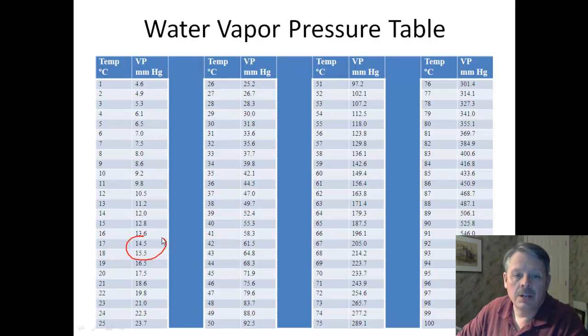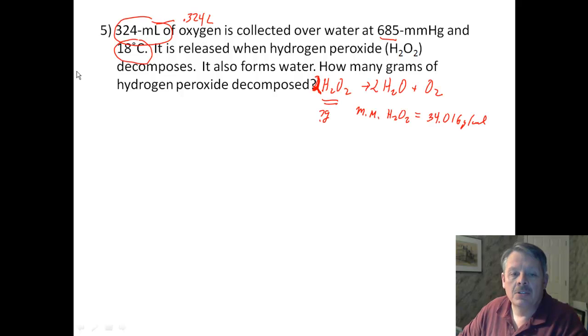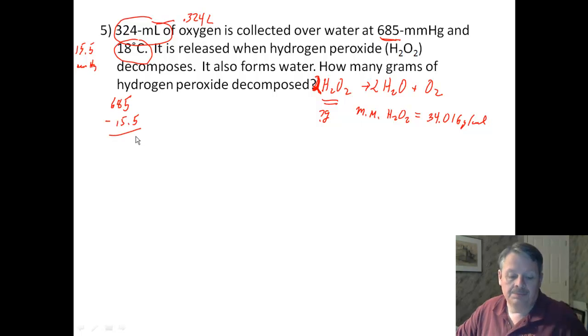If we look at 18 degrees Celsius, that's a pressure of 15.5 millimeters of mercury. And we notice that we're starting with 685 millimeters of mercury. So let's take 685 millimeters of mercury and subtract 15.5 millimeters of mercury. That's going to give us 669.5 millimeters of mercury.